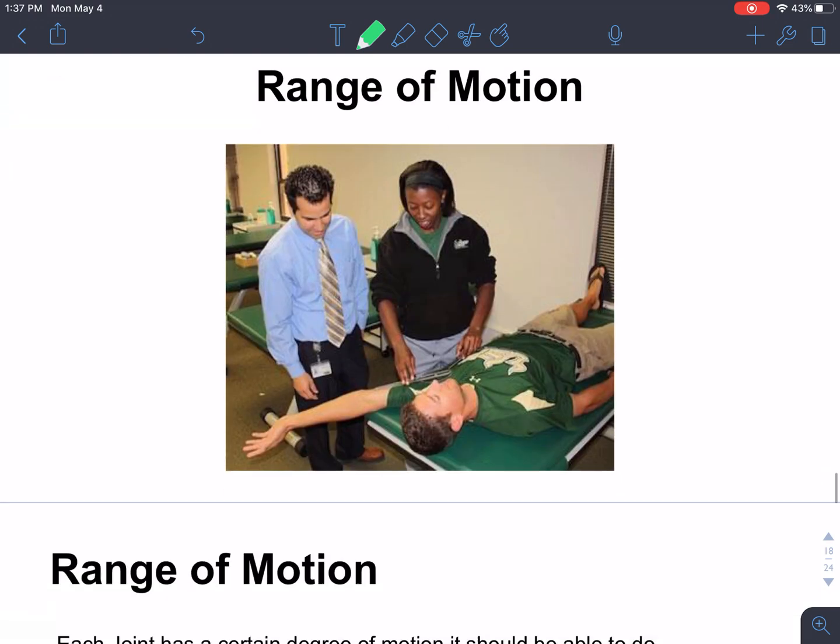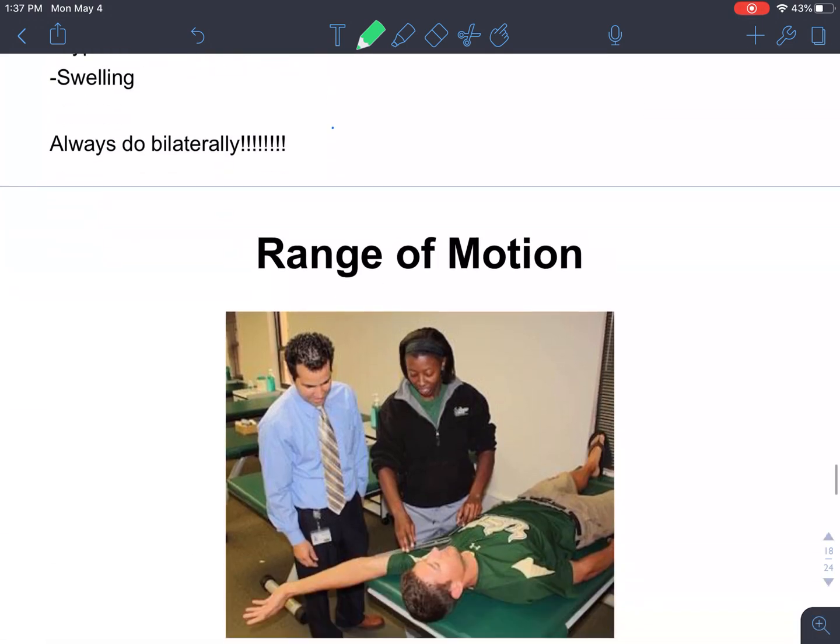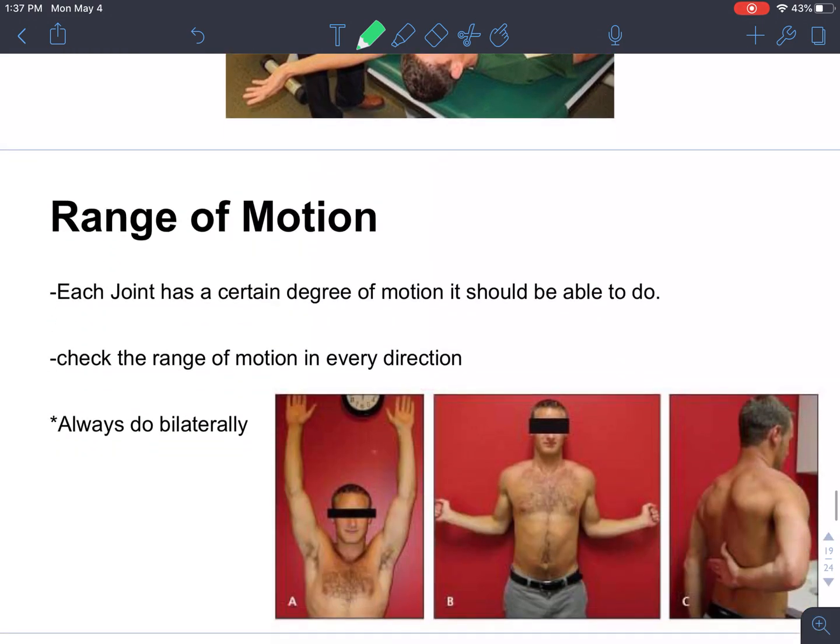Range of motion is the next step, and that's the easier one. Basically, each joint has a certain motion that it can do. If you go into any higher up school, athletic training, physical therapy, doctor, they use something called a goniometer. That's extra credit number two.